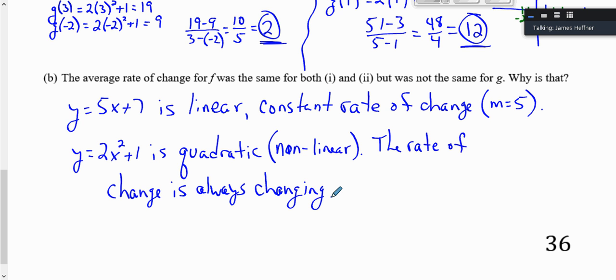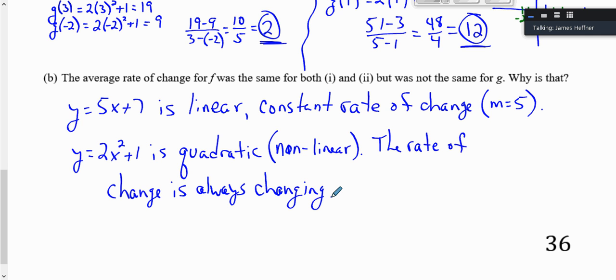Let's say you're doing 30 miles an hour. And that's a constant rate of change. And then suddenly you're doing 40 miles per hour. What did you do? You accelerated, right? You changed your rate of change.